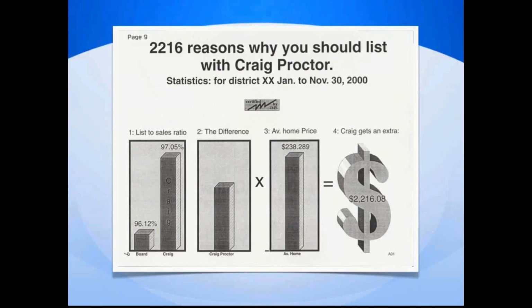Now, fortunately for me, I had an advantage in all these areas, but I promise you, if, for example, my days in the market were inferior, I wouldn't be showing the seller this graph. Okay, but here, my days in the market were 33. The board average was 68 days in the market. I'm going to use that. But you could search a certain price range.